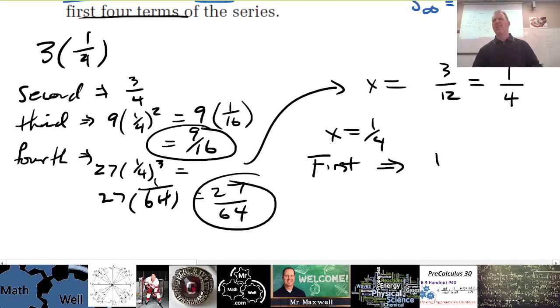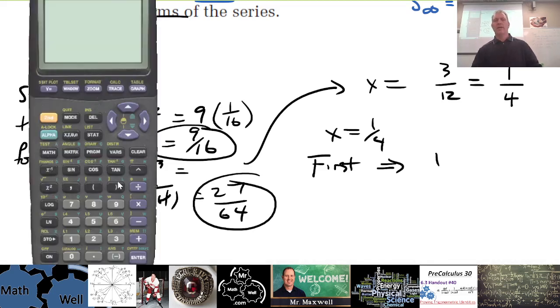Okay. How would you check that? Well, you've got calculators. So what you could do is literally go 27 divided by 64, and you could find out what that is as a decimal. You probably will have fraction buttons on your calculator. My fraction button is under the math menu here. So I'm going to go to fraction, number 1. And look at that. 27 over 64 is the simplest form. So your calculator can help you with simplifying as well. It's not a big deal.